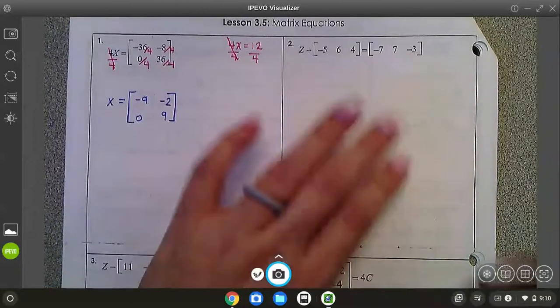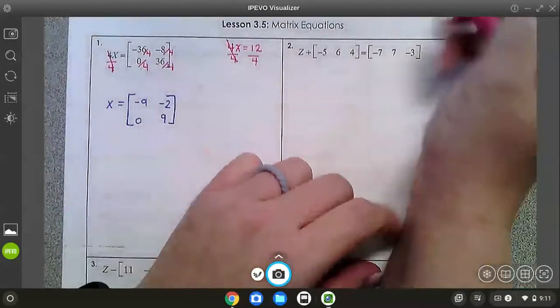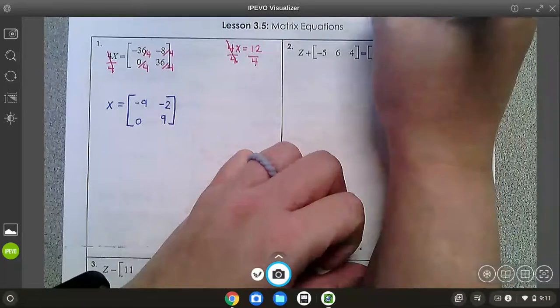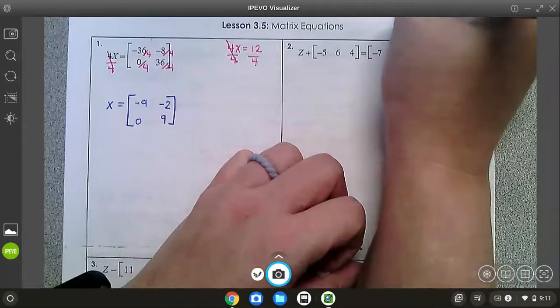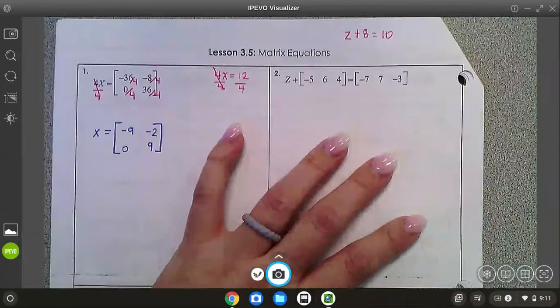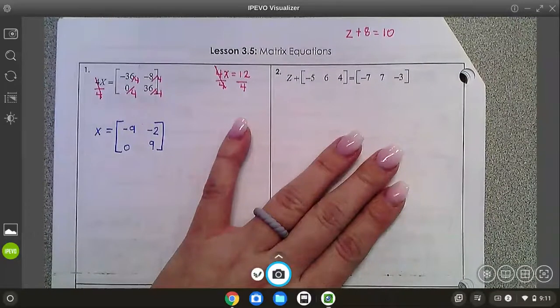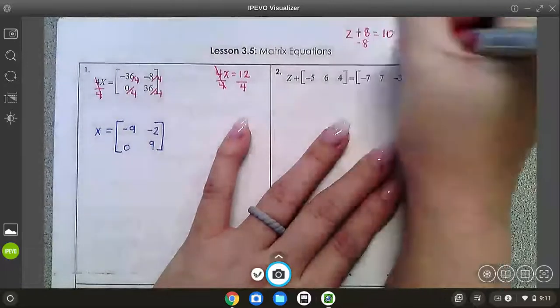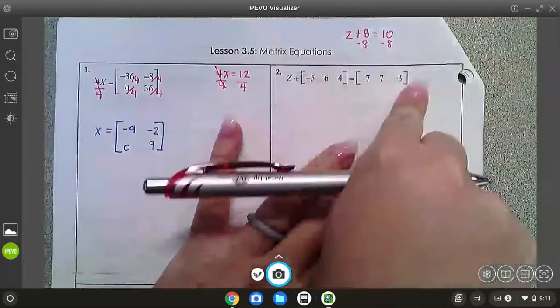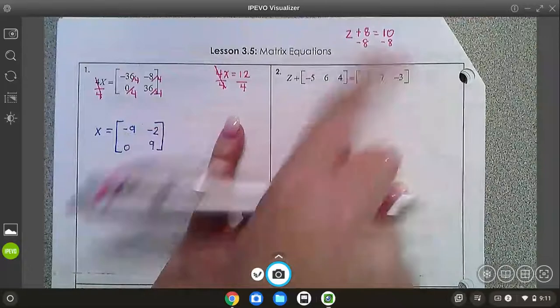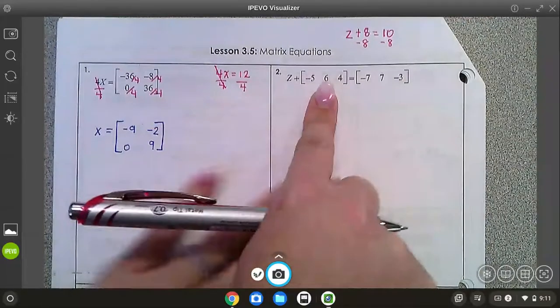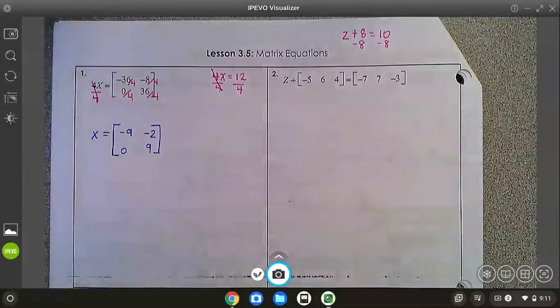No. Let me just give you some random problem. z plus 8 equals 10. If this was a problem you had on a piece of paper, how would you solve that? You would subtract the 8 from both sides. That's what we're going to do here, except we're going to subtract this whole matrix from both sides.